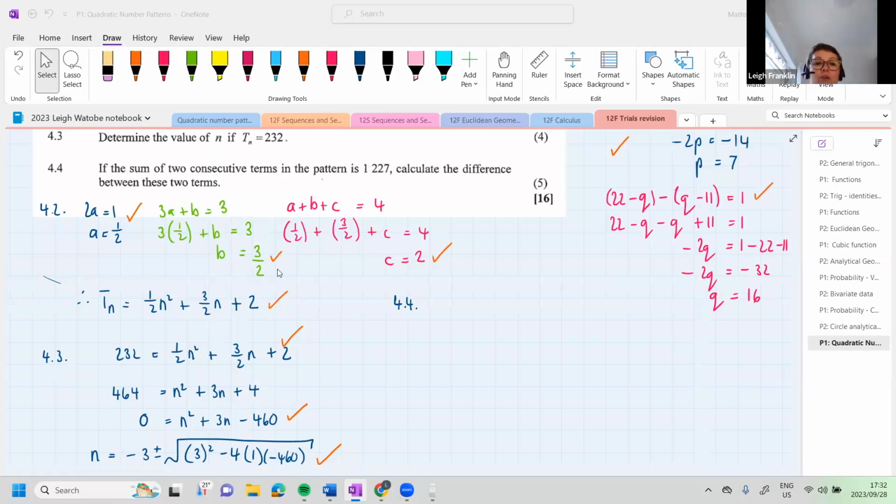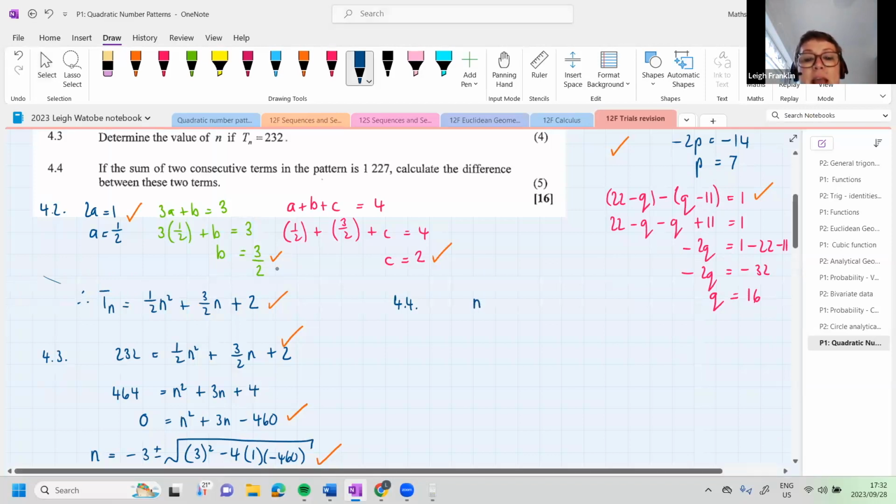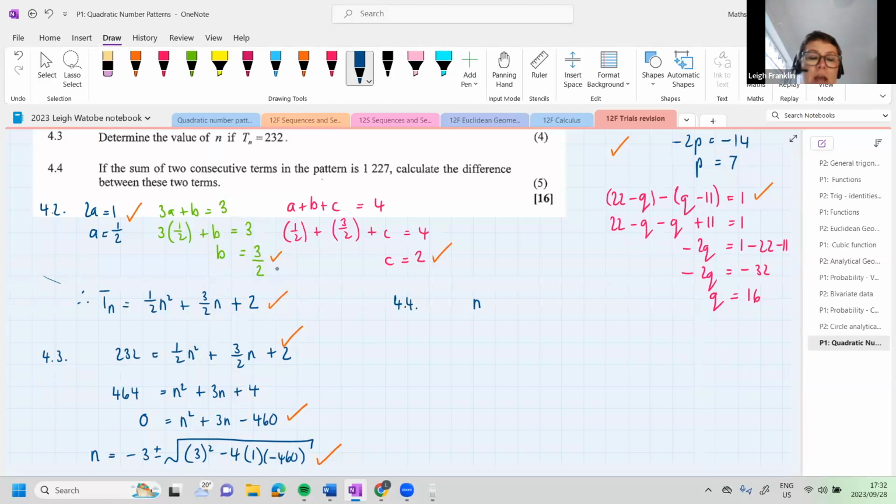How are we going to write a term and a consecutive term using algebra? This is actually the hard part. So if one term takes the nth position in the pattern, the next consecutive term will take what position?